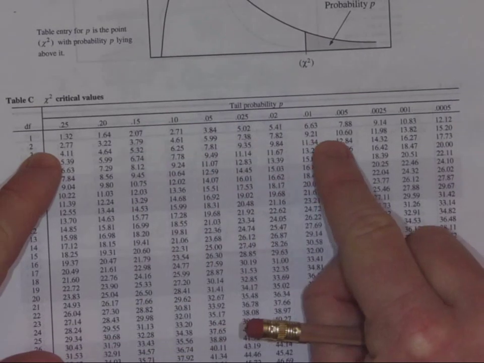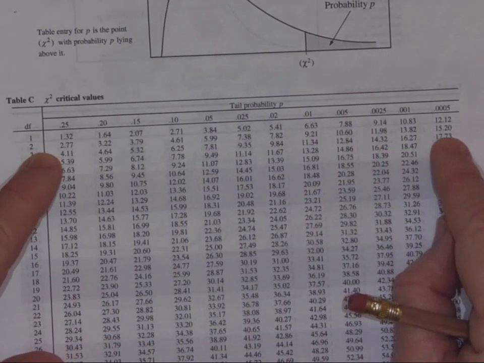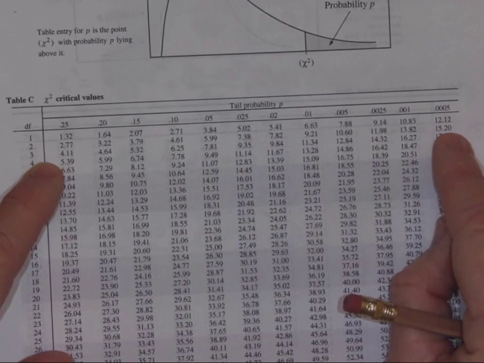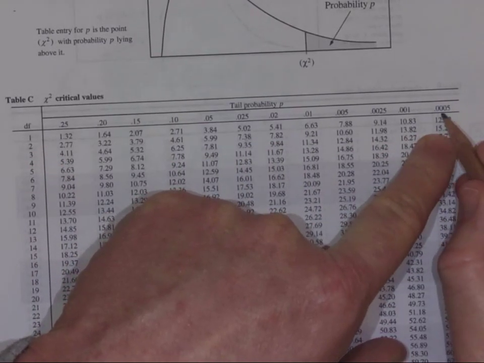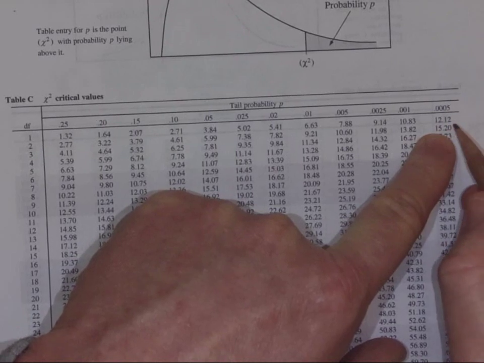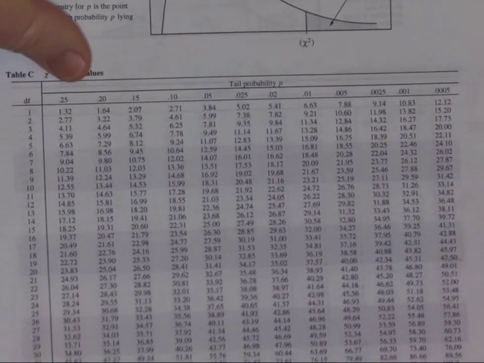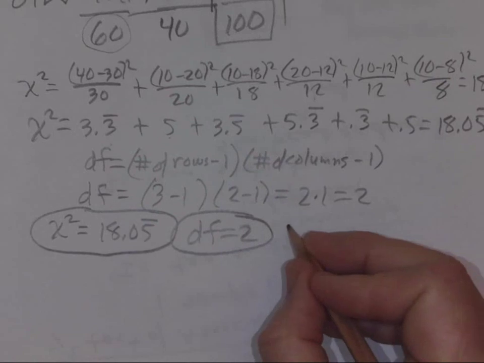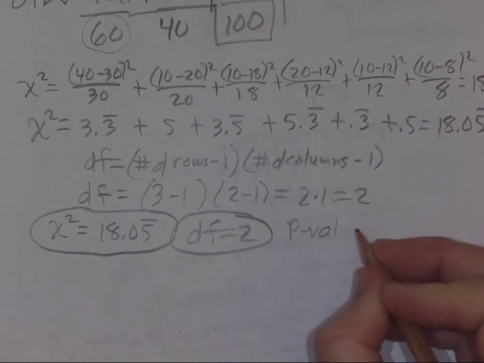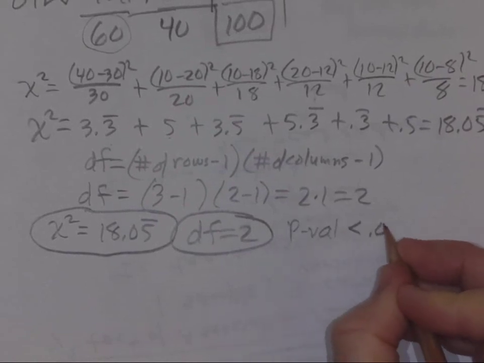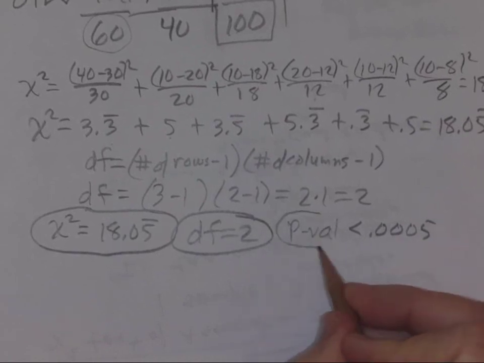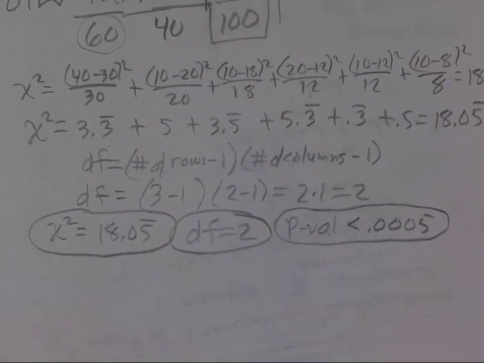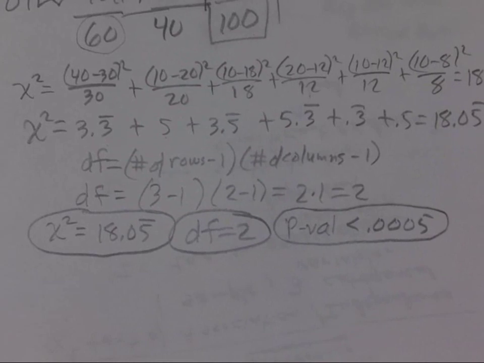When you go looking for 18.05, it is off the table. The biggest one we have is 15.2, so we know our p-value is going to be less than 0.0005. If you're just using your table, you would say the p-value is less than 0.0005. In other words, it's statistically significant at basically any reasonable value for alpha.